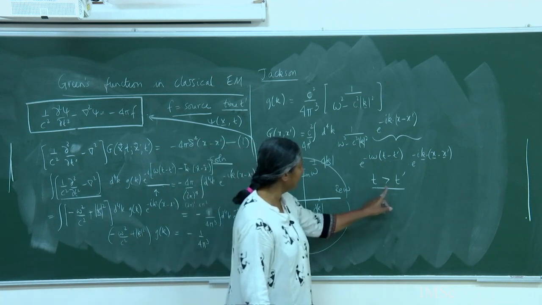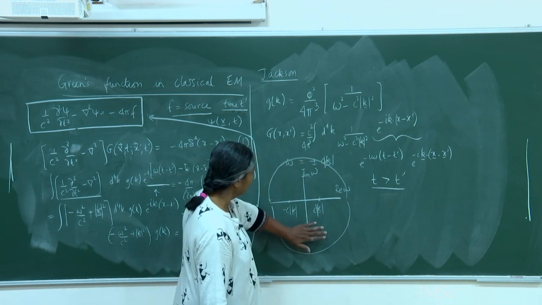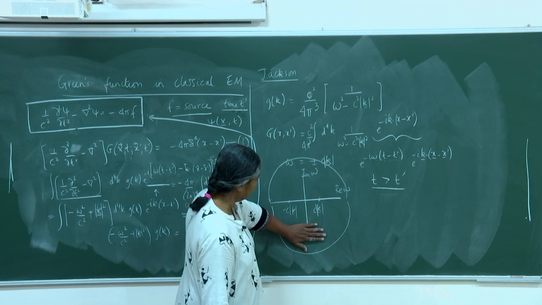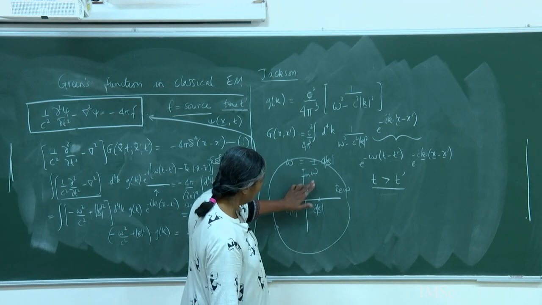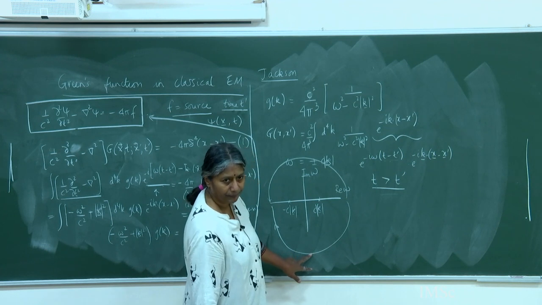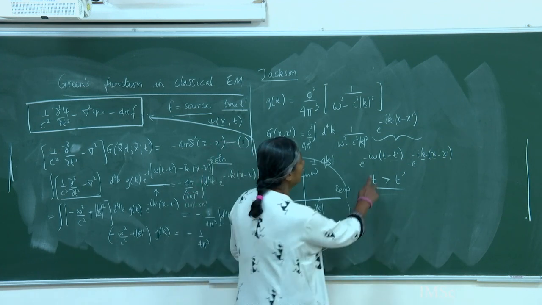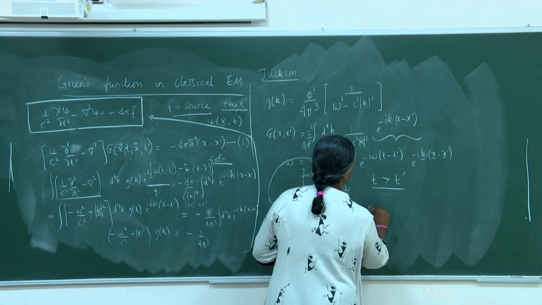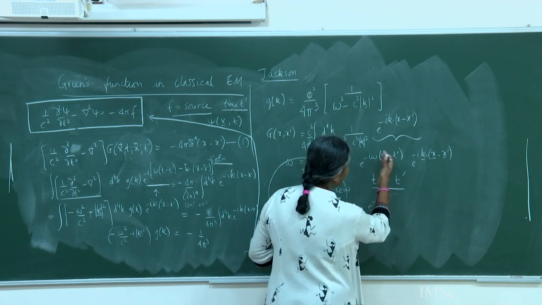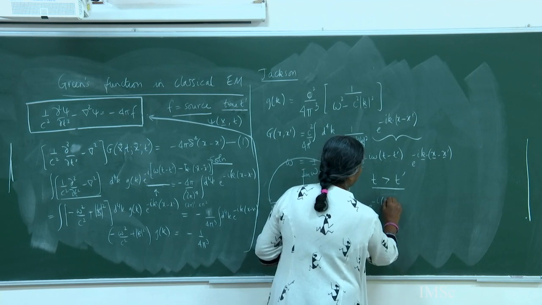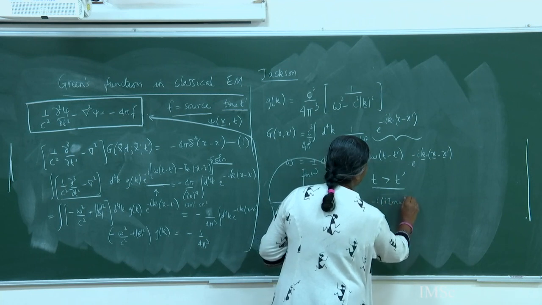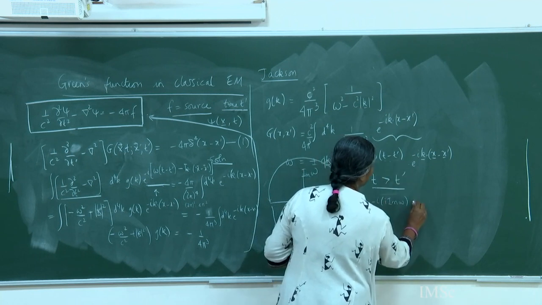Now when t is greater than t prime, suppose I am here on this negative side and I close the contour this way, then your imaginary omega is large and negative. The real omega part will oscillate, I am not worried about that, but I have an imaginary omega and I have a positive definite quantity.